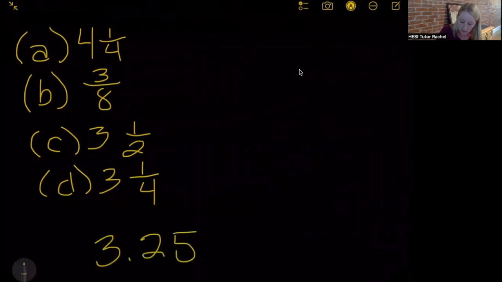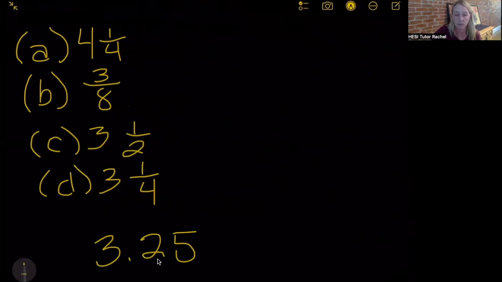Then our answer choices on the HESI, because all the fraction problems on the HESI should be multiple choice, say you have answers like this: A, 4 1/4; B, 3/8; C, 3 1/2; D, 3 1/4. So how do you know which one is the correct answer when we have 3.25?